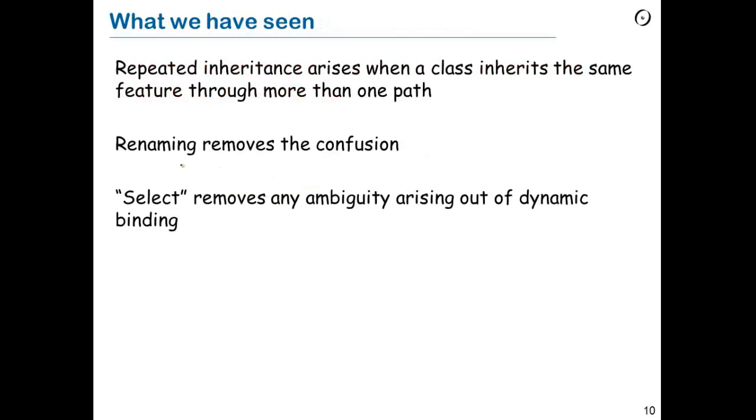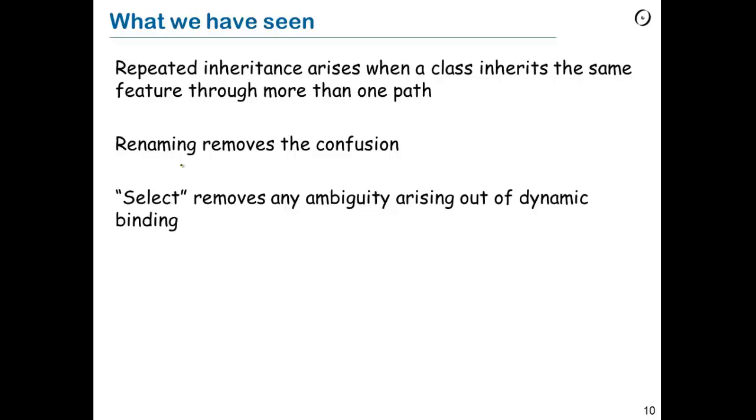What we've seen in this segment is that repeated inheritance arises when a class inherits the same feature through more than one path. Renaming removes the confusion but leaves an ambiguity regarding application of the feature under polymorphism and dynamic binding. And to remove this ambiguity, we need to use select.